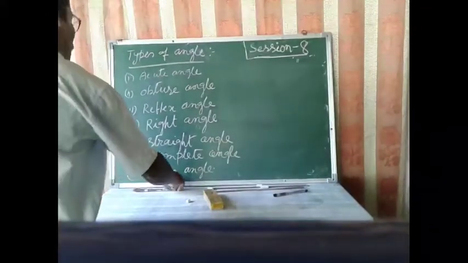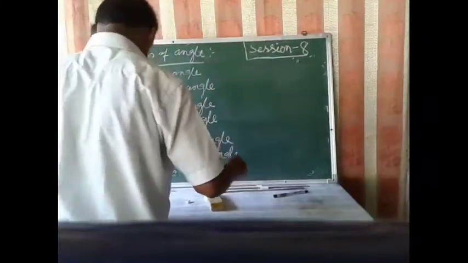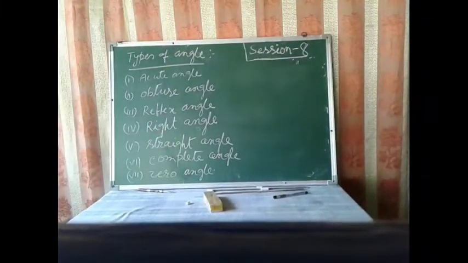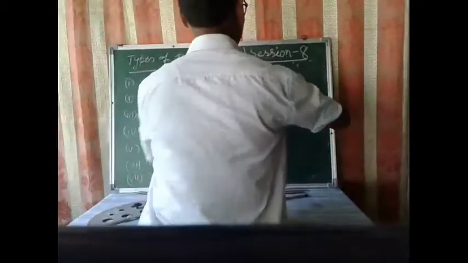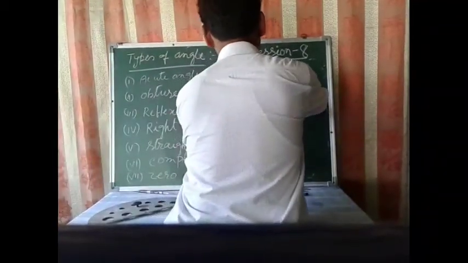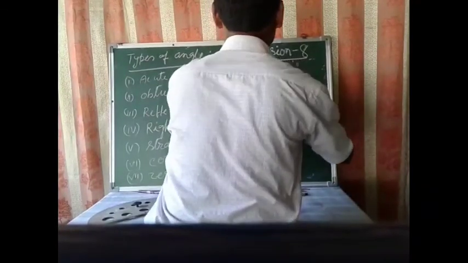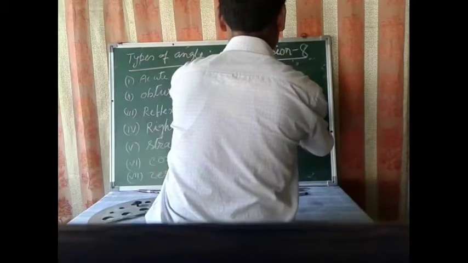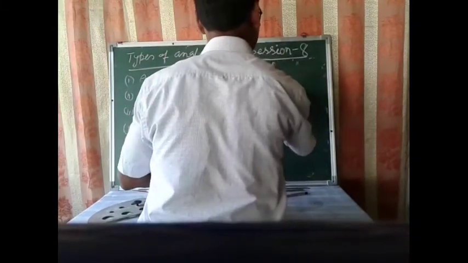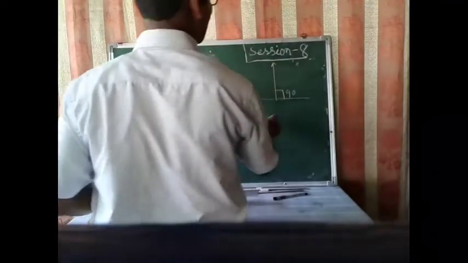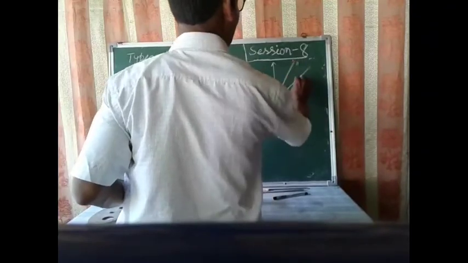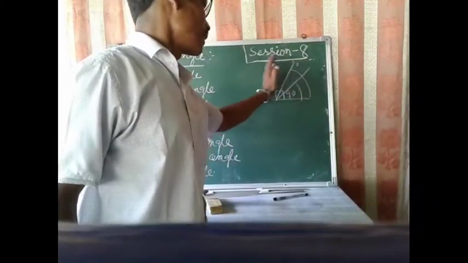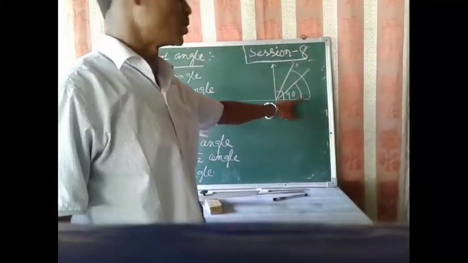So, what did I tell, what is an acute angle? This is a right angle, 90 degrees. Less than 90 degrees. Suppose this angle, within this angle, these are known as acute angles because they are between 90 degrees and 0 degrees.